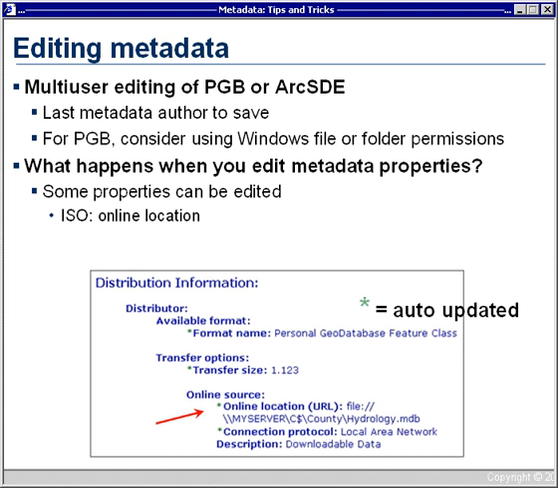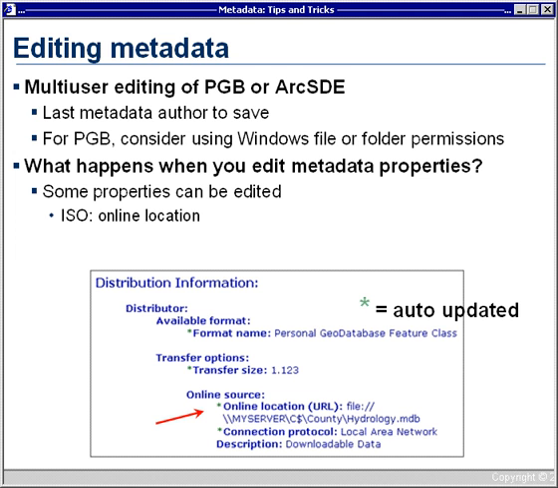Here you see some ISO metadata for distributing the data. Once again, notice the green asterisks that are associated with the properties that can be updated. In this case, the online location includes a computer name that was updated automatically.